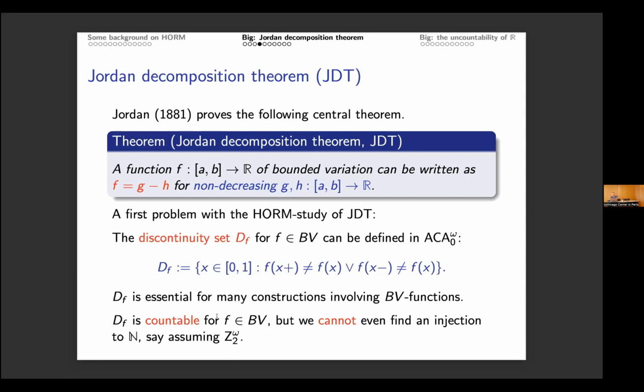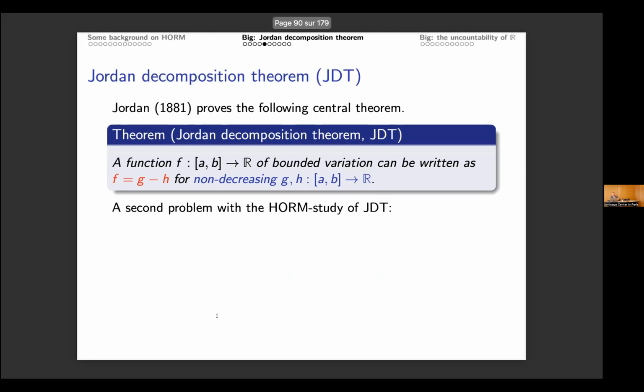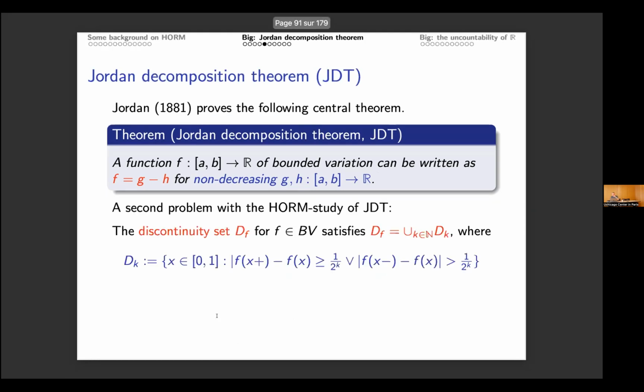And it gets worse. For regulated functions, which is a bigger class, you have the same problem, obviously. Now there's a second problem. The discontinuity set is, of course, F sigma, and here it is written as a union of closed sets.